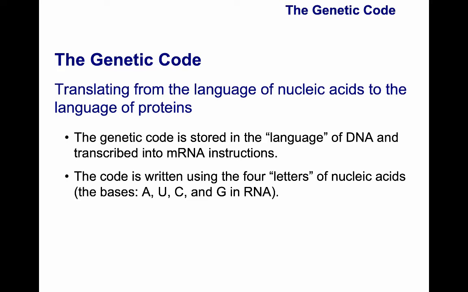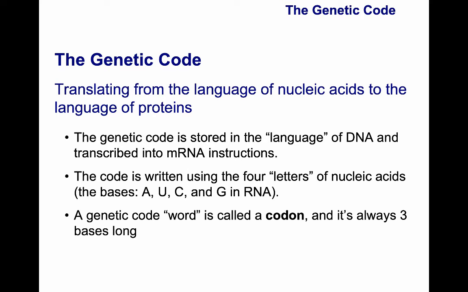So DNA and RNA are sequences of nucleotides. Proteins are sequences of amino acids. And the genetic code is how we get from the nucleic acid sequence to the protein sequence, the amino acid sequence. We gotta translate from that one language to the other.